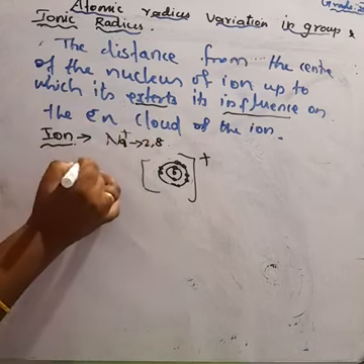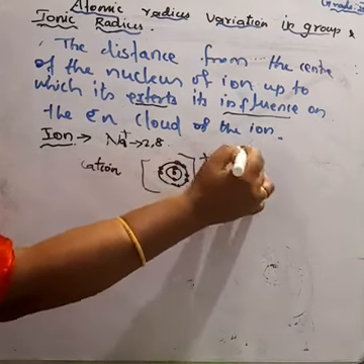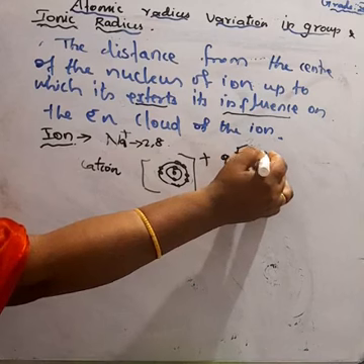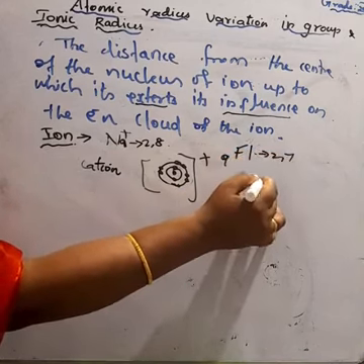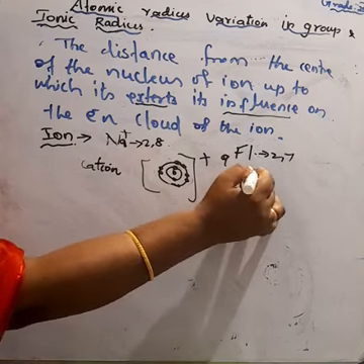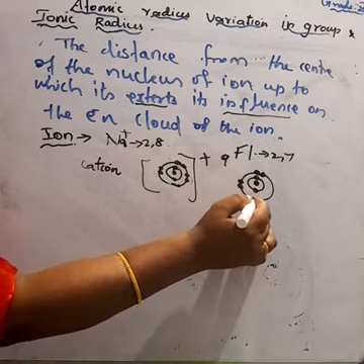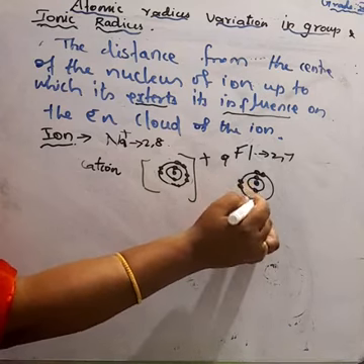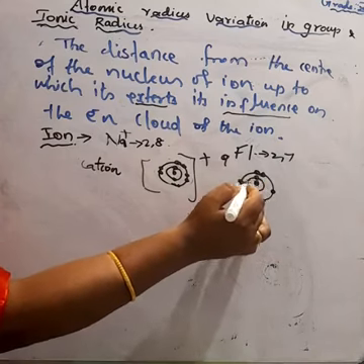Like that, I am taking fluorine. What is the atomic number of fluorine? 9. What is the electronic configuration? 1s2, 2s2, 2p5. Arranged in shells, 2, 7. The first orbit has 2 electrons, the second orbit has 7 electrons.